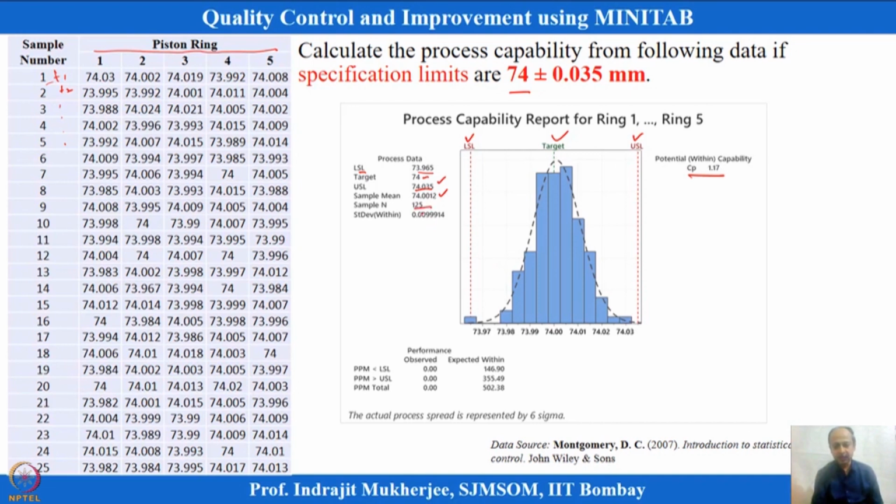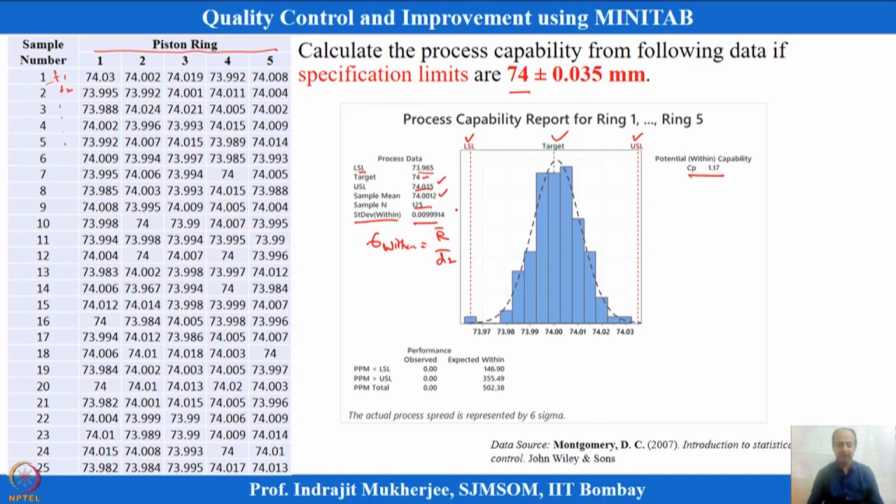Okay. 125 observations, and you see the standard deviation within is calculated over here. MINITAB will ask on what basis I will calculate sigma within. We have mentioned that you calculate from the control chart, and the formula to be used is R bar by d2, or from the sample range chart.